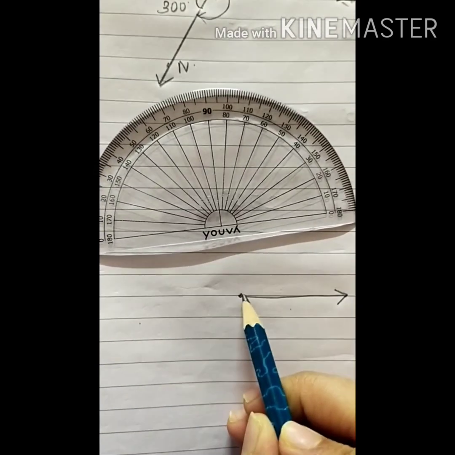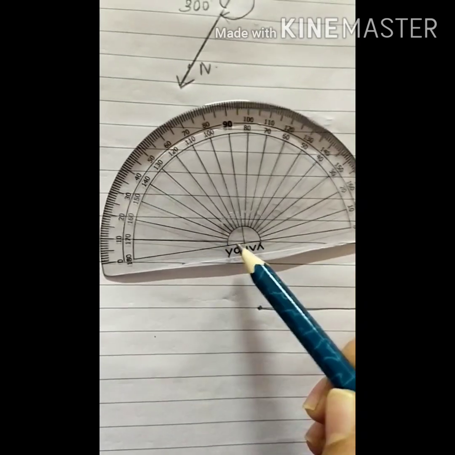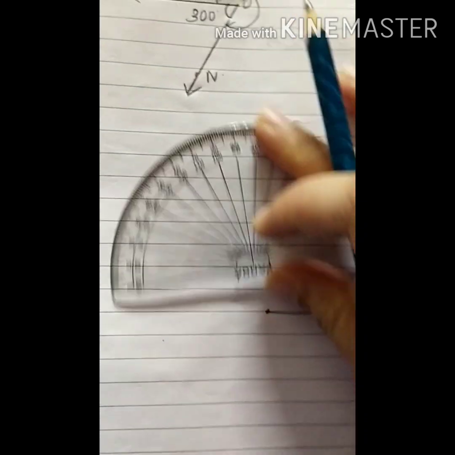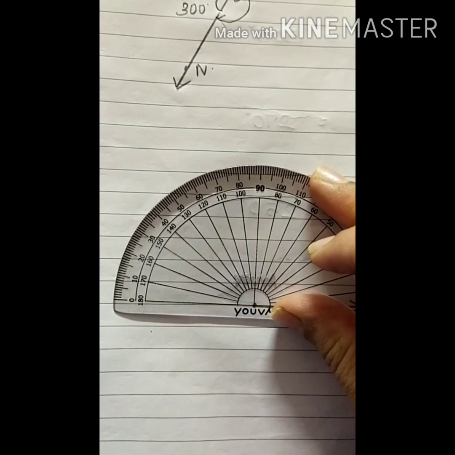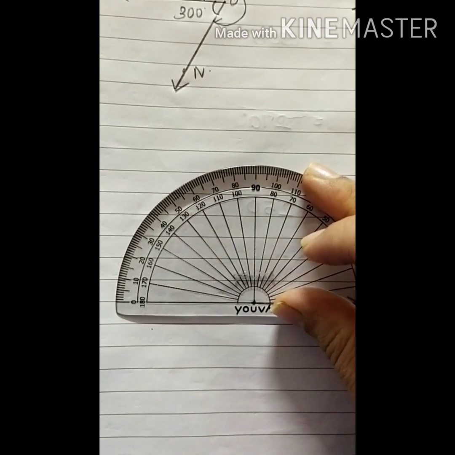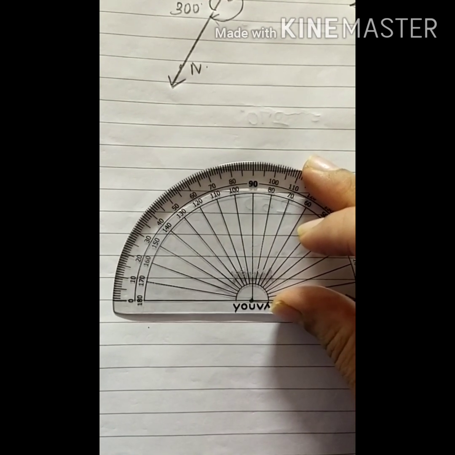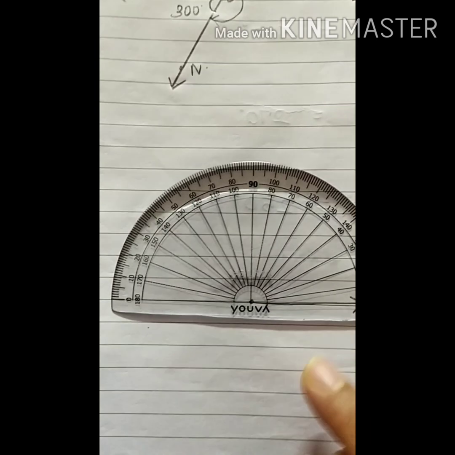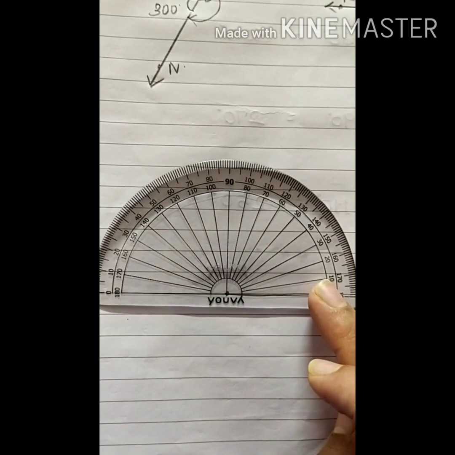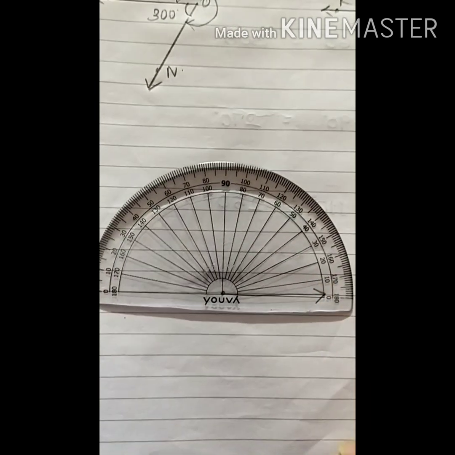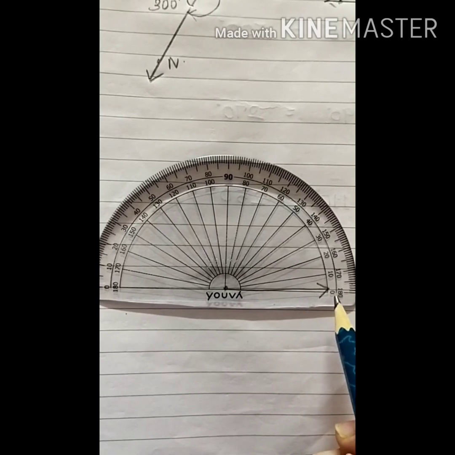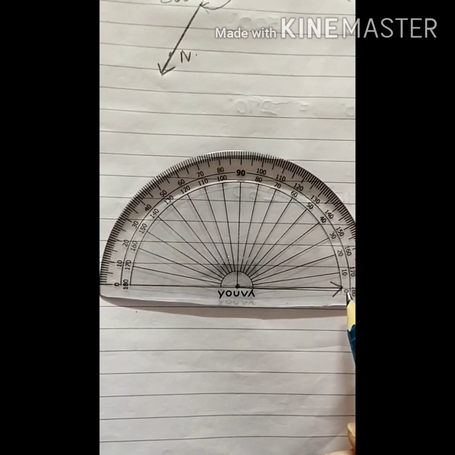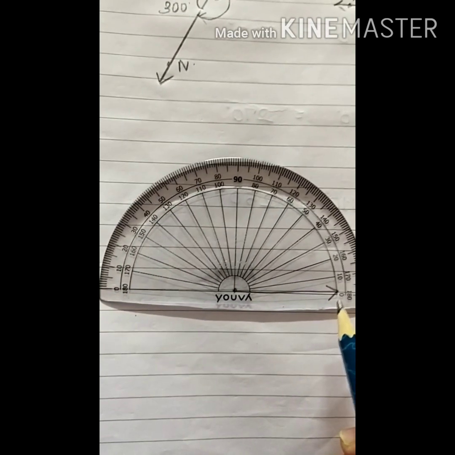Now this middle point will be kept at the point which is here, so I keep it over here and see to it that it is straight and horizontal with the lines. When I do this, I can see that this arrow is coinciding with this 0 which is in the inner scale. So the arrow decides.